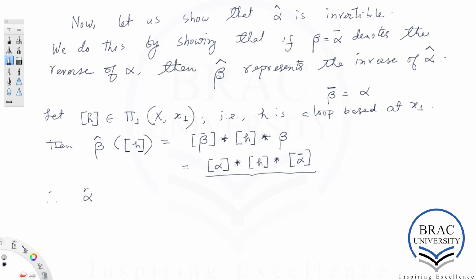Therefore, alpha hat of beta hat of H, using the definition of alpha hat, is going to be alpha bar star, and beta hat of H is this guy, alpha star H star alpha bar, star and then alpha.